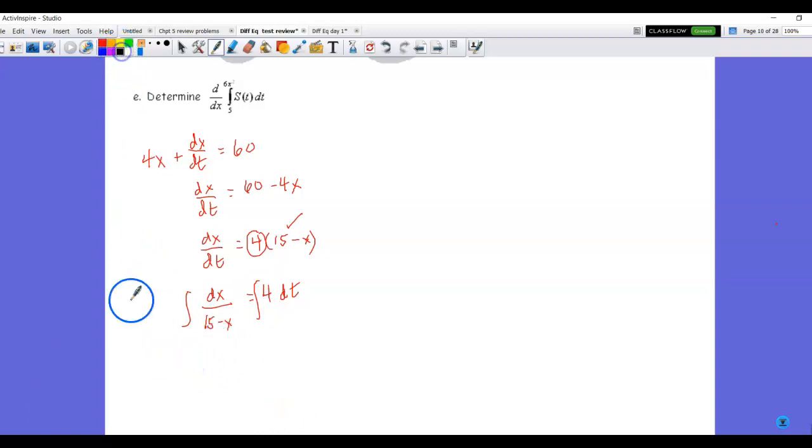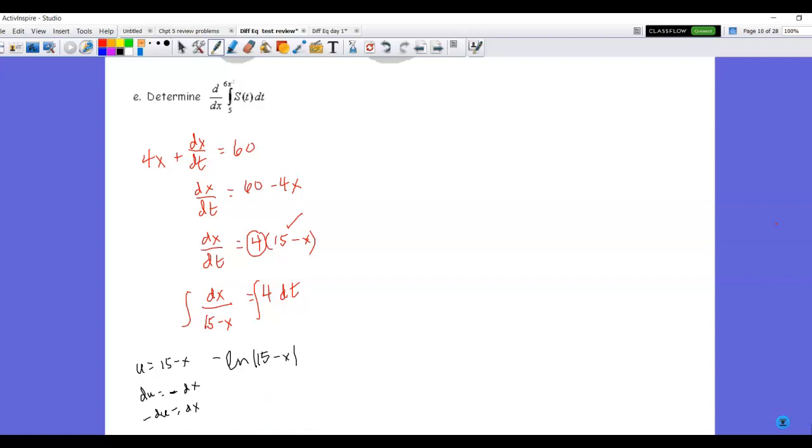So just a little investigation on the left side. If u is equal to 15 minus x, du is equal to negative dx, so I need to compensate for that. All right, so the antiderivative of the left-hand side is going to become negative ln absolute value of 15 minus x.